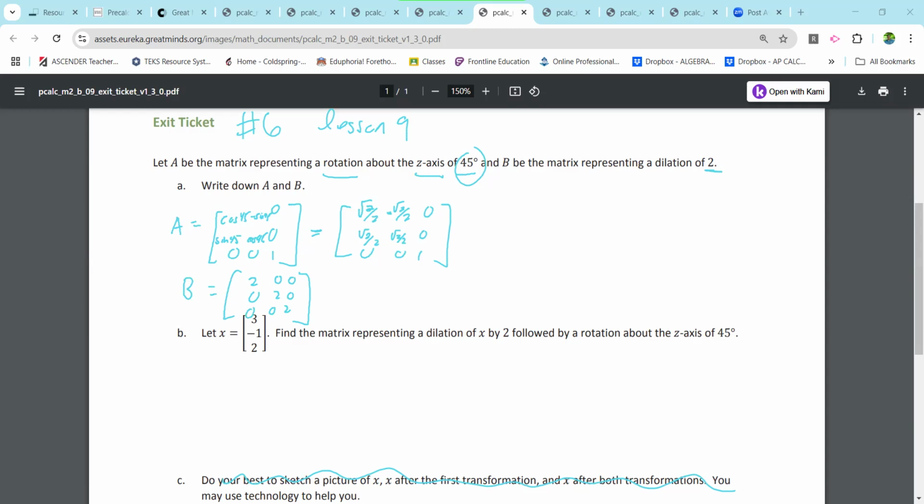We're going to find the matrix representing a dilation of X by 2, followed by a rotation about the Z-axis. What needs to be multiplied first this time? Good. I want A to be the first thing since I want that shift to be last.